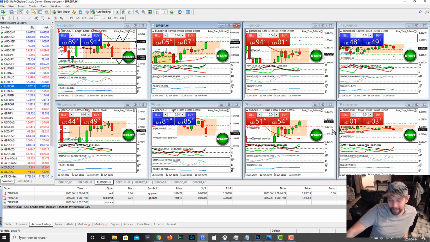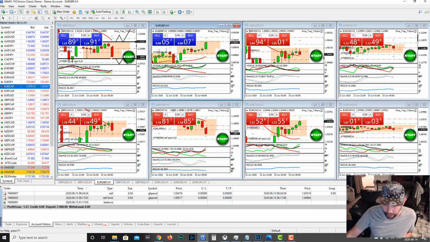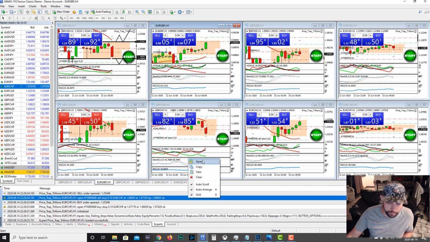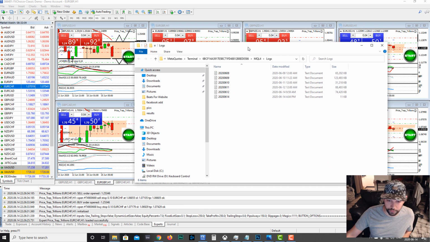So yeah. The next thing I wanted to say is, when you actually purchase and get the Price Trap Trillion files, there's two really important files that you need to understand where to put them and how it works. In order to find that folder, I go to Experts, right click and push open, and then it opens this log folder.